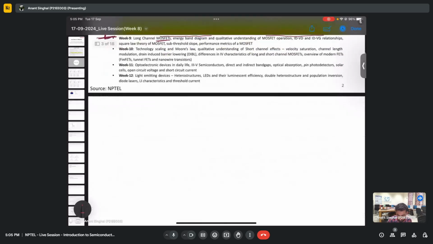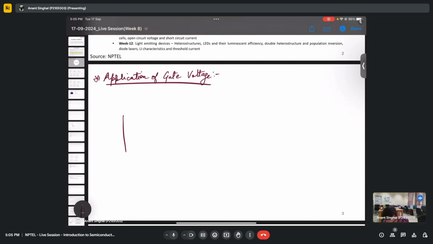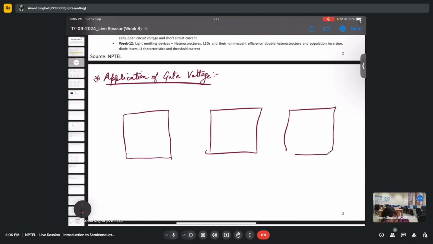So let me give you a very brief recap of what we did in the last lecture. The main thing that we read about is we are applying a certain gate voltage, and we took three different cases for the understanding. Let's say I have this metal, and this is grounded for all the cases.